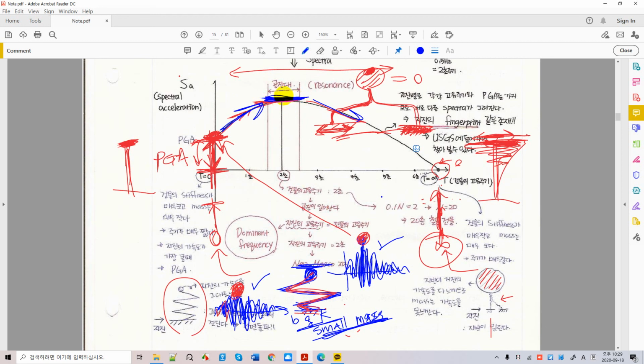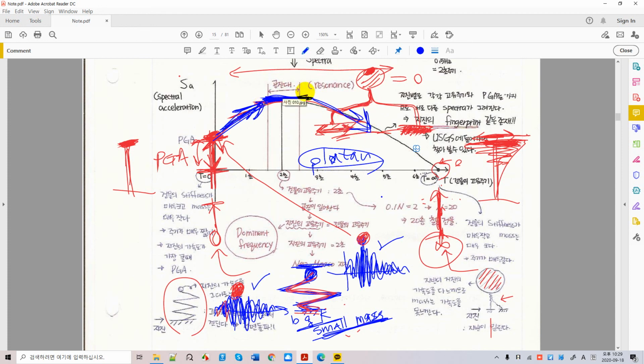We call this region the resonance plateau. So we have increased earthquake loading, we reach resonance conditions, and then the motion diminishes.